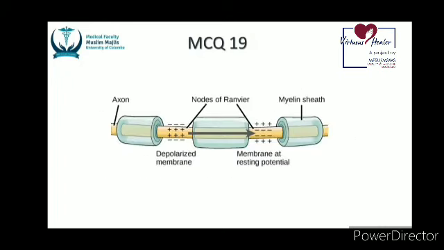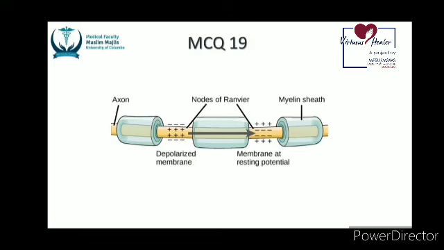As you can see here in this diagram, in myelinated neurons, most of the axon membrane will be covered by the myelin sheath, and the myelin sheath will be exposed to the extracellular fluid only at places called nodes of Ranvier. And these myelin sheaths act as insulating membranes so that action potentials are not produced or impulses will not be propagated at the places where the axon is covered by the myelin sheath.